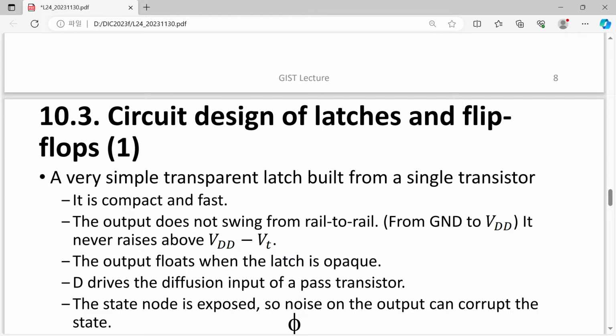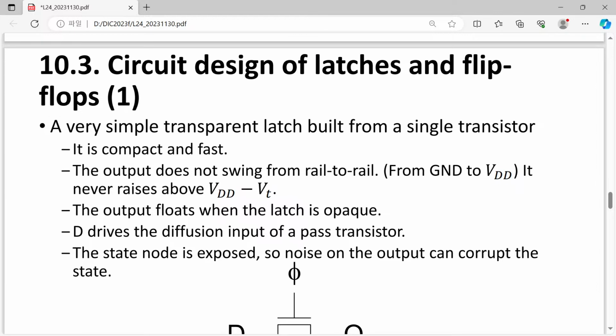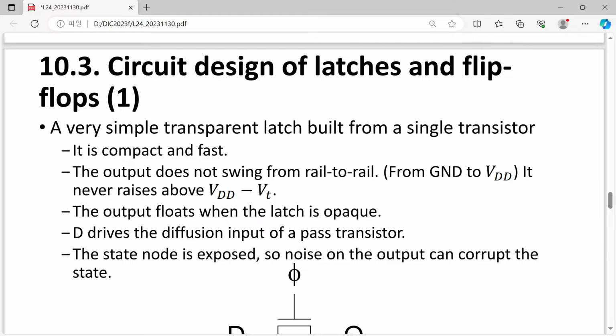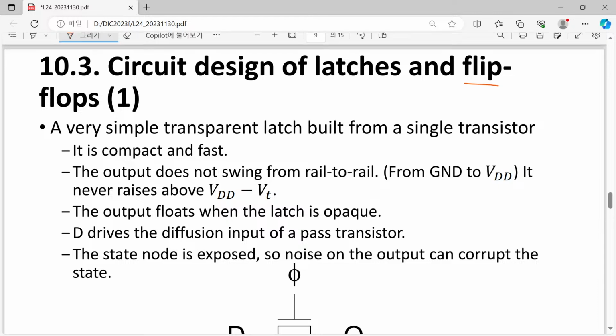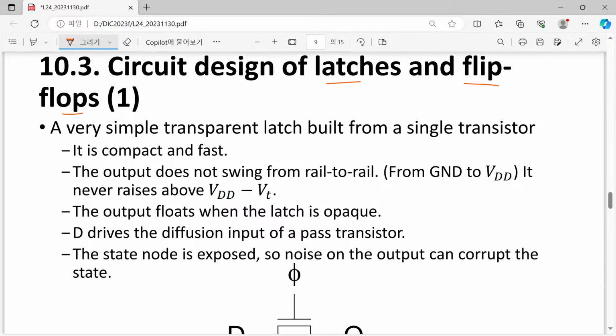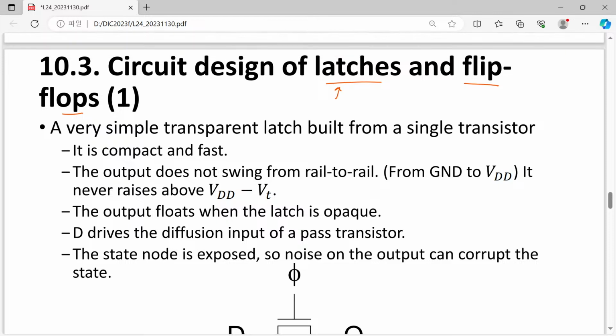However, as I told you before, this course itself is more related to how we can implement certain building blocks using the CMOSFET. Therefore, we will discuss how we can build a latch. Actually, a flip-flop can be made out of latches, so we will focus on how to make these latches.